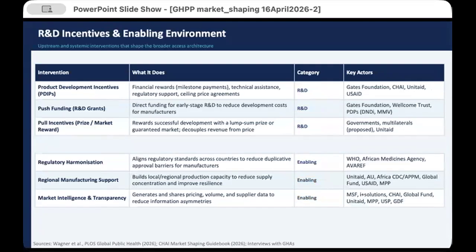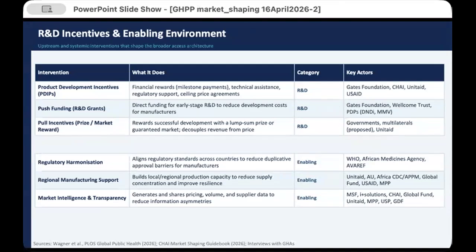On the supply side, I'm not going to go very much into this, but you've got product development and incentives and you see some of the actors working in this space. Push funding, of course, that R&D grants, and then some pull incentives. These are used less so than grants, but hopefully we'll see an increase there.